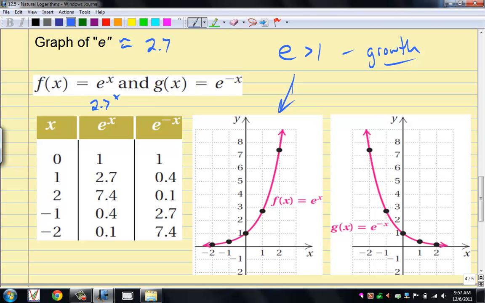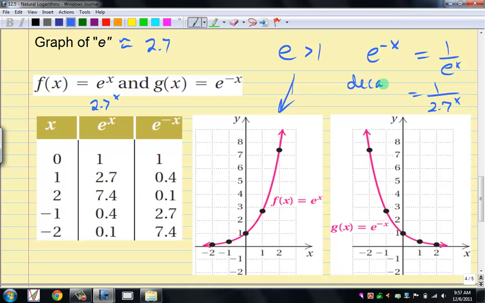If you want to graph e as a decay function, you raise it to the negative power. So think about this. e to the negative x power is 1 over e to the x, which is 1 over 2.7 to the x. And this number is a decay function.